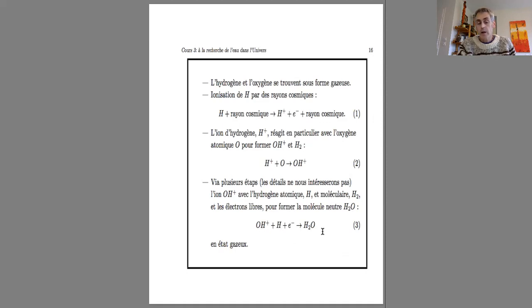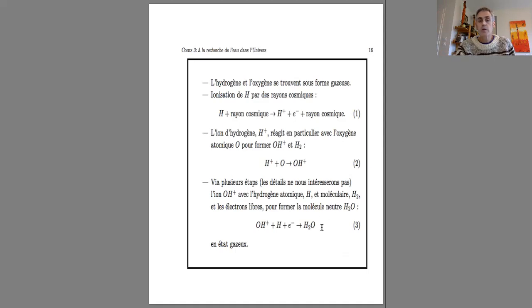So here again in symbolic form is the chemical reaction written, where the OH plus ion plus another hydrogen atom plus a free electron produce the hydrogen molecule, releasing some energy. So this can take place at the low temperature, tens of Kelvin, and low pressure that you find in the interstellar space.